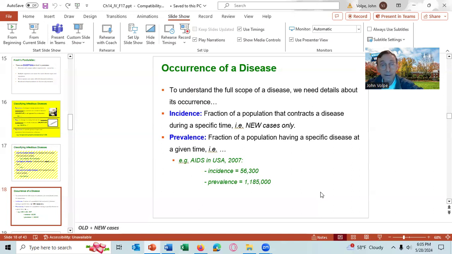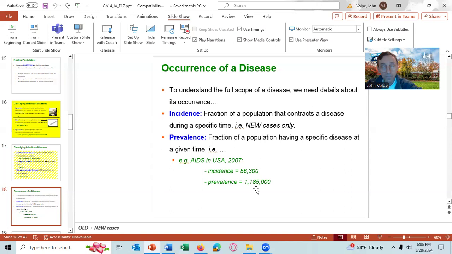So in 2007, the incidence of new cases of AIDS was 56,300 in the United States, whereas the prevalence in 2007 was 1,185,000 cases of AIDS. Okay.